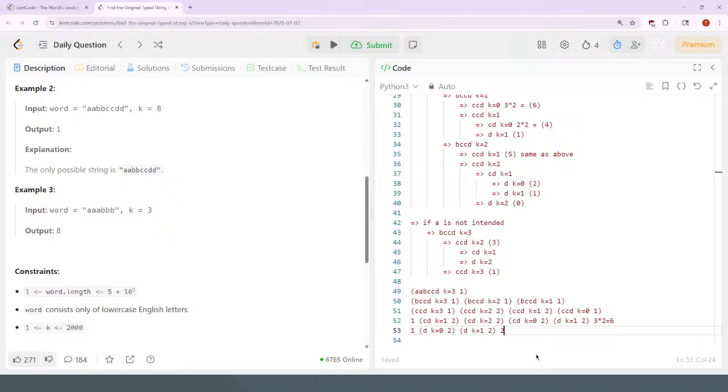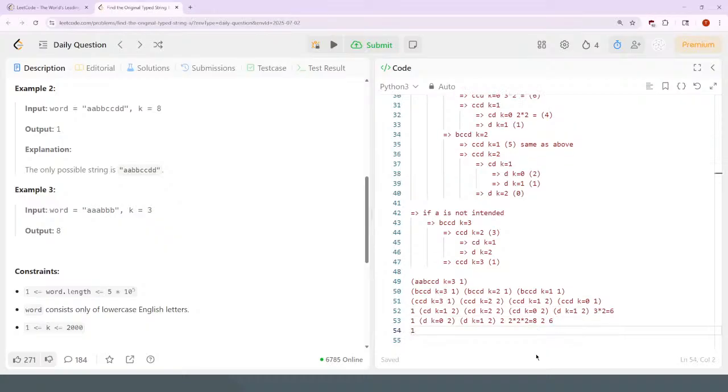So that ends up being just 2, because 2 times 1 is 2. And then, okay, well this one ends up being K0. So it's going to be 2 times 2 times 2. That ends up being 8. And then this last one, that ends up being just 2 times 1, which is 2. 3 times 2 is 6, so 6 here.